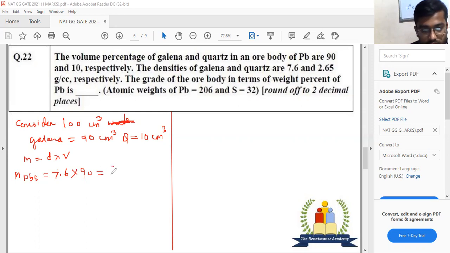Multiply this, you will get 684 gram. Now mass of quartz. Density is again given, 2.65 multiplied by 10, will get 26.5 gram. Now calculate the total mass.